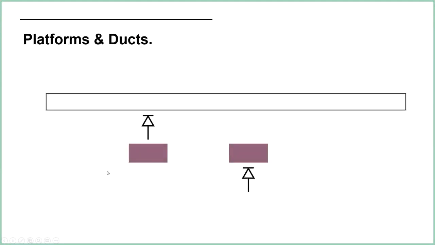So let's look at the platforms and ducts now. These could be cable trays. They could be HVAC ducts, taking hot and cold air around the building. It could be pipes, so gas pipes or water pipes, or electrical bits and bobs going around.